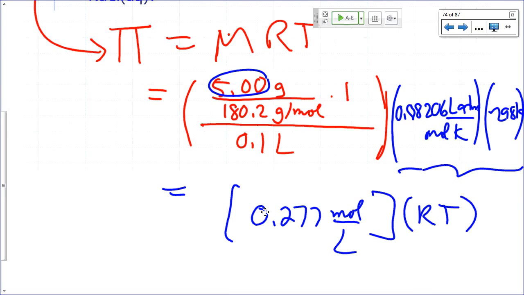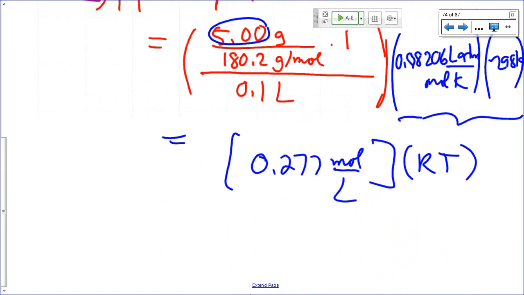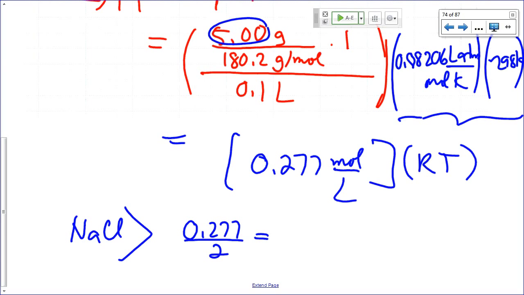So what would be the molarity of the sodium chloride solution? It's also going to be 0.277, right? But that's the total molarity. So the solution of sodium chloride you're going to need is 0.277 over 2 moles per liter.